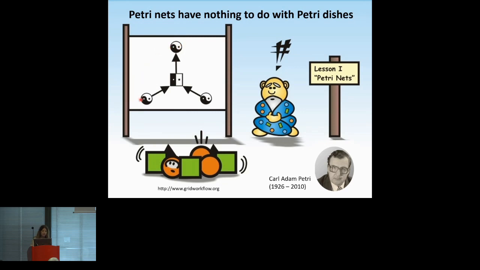So we see here the so-called places drawn as circles that represent the passive part of the system. Then we have the rectangles representing transitions, the active part, and we have directed edges connecting always vertices of different type. So you know now the structure of Petri nets.